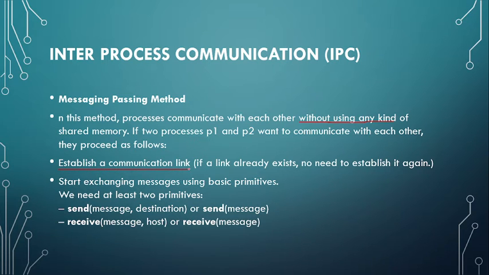If a link already exists, there is no need to establish it again. So, both processes establish a link, and now that we have a link established between the processes, they are going to start exchanging messages using 2 basic primitives.